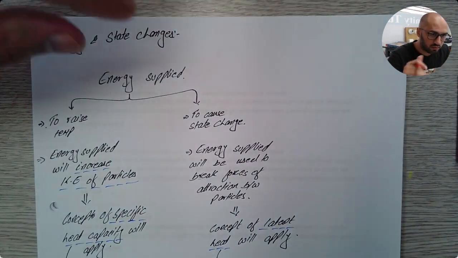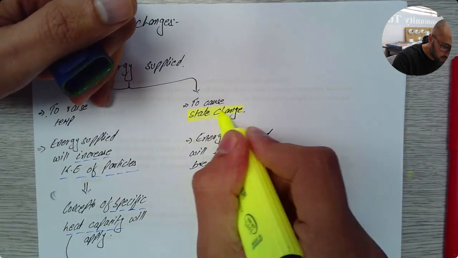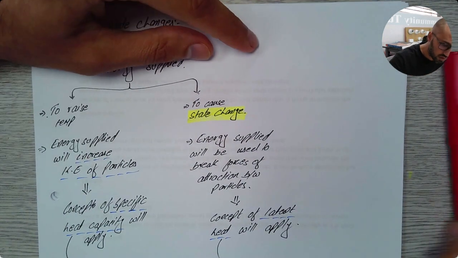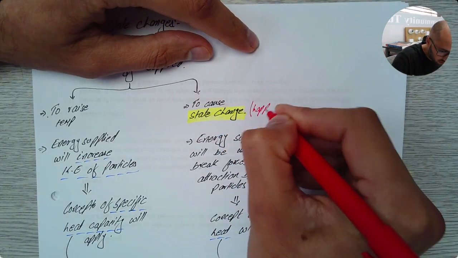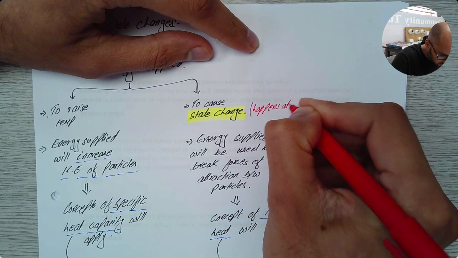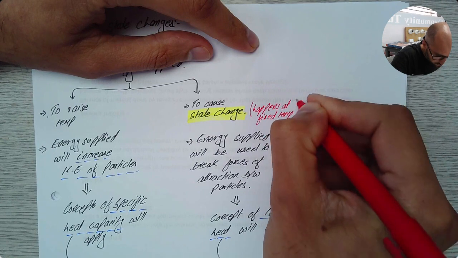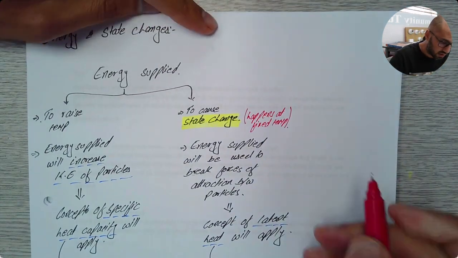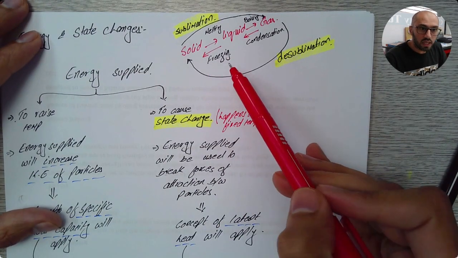Number one that you have to remember is whenever there is a state change, it always happens at a fixed temperature. In addition to this, we'll need to know the names of the state changes.